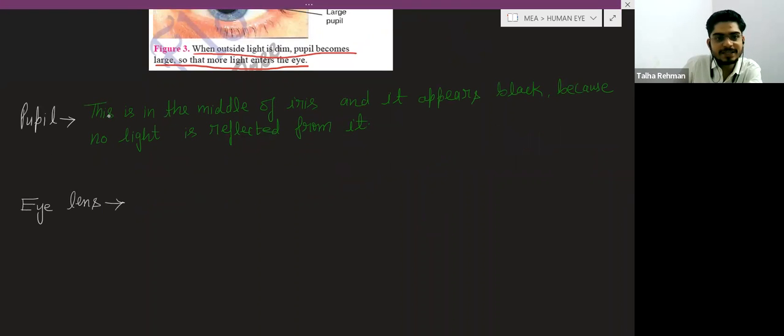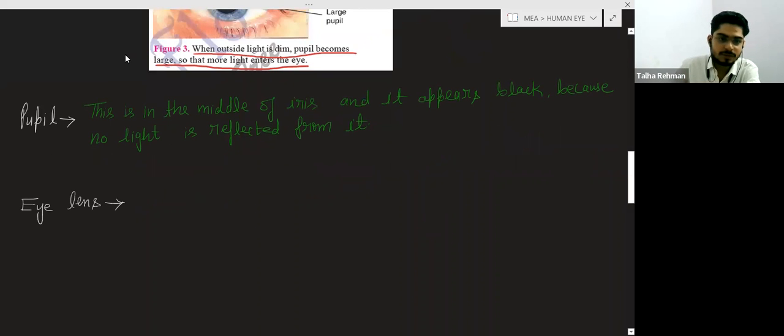We all know the eye lens is a convex lens. You can write here, this is made up of transparent, soft, and flexible material.